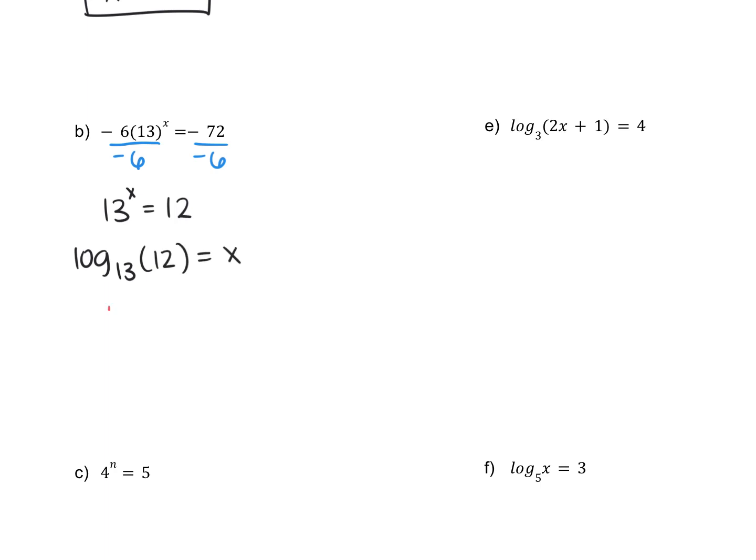Then using change of base, we do log 12 divided by log 13. And we're going to get that x equals 0.97.